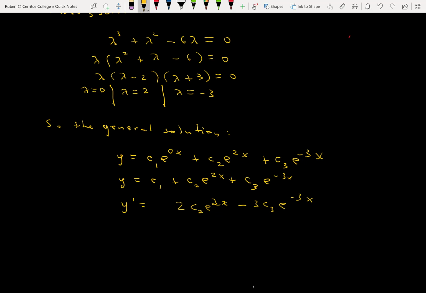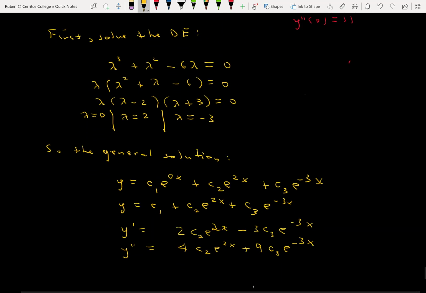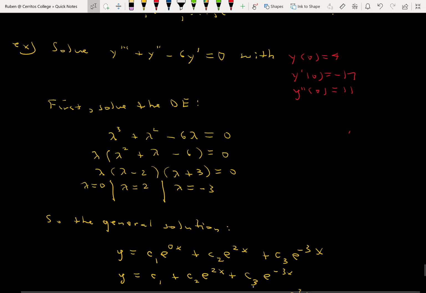Let's take another derivative. Our second derivative then is 4C2 e to the 2x plus 9C3 e to the negative 3x. The way we get our specific constants from the three initial conditions is to substitute the initial conditions into the solution and solve for the constants.